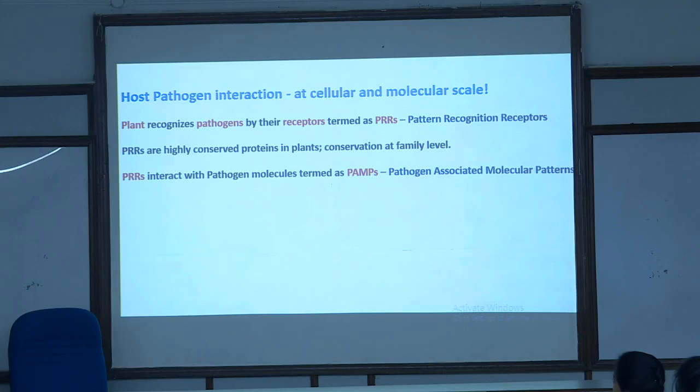That means, much similar to the receptors evolved by the plant, these microbes also evolved something like PAMPs in their life, right? These two factors are extremely conserved in the respective organisms. The conservation of PRRs in the plant is much similar to the conservation of PAMPs in microorganisms or pathogens.